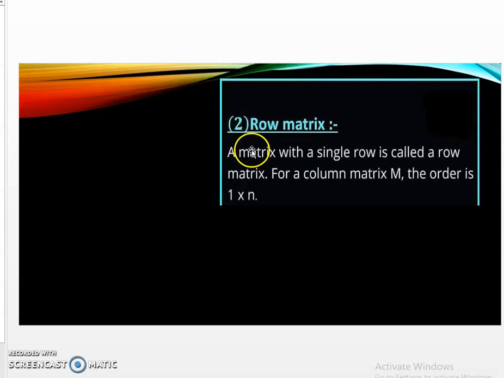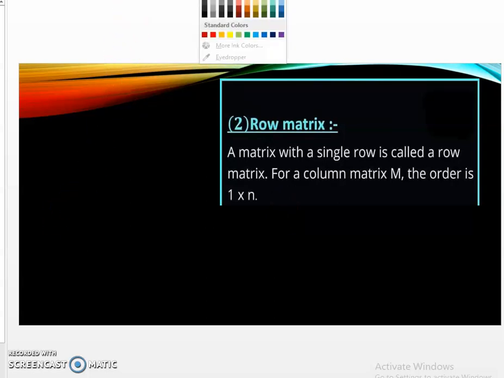The second type of matrix is the row matrix. A row matrix is a matrix with a single row. For a row matrix, the order is 1 by n. It is represented in a horizontal line.